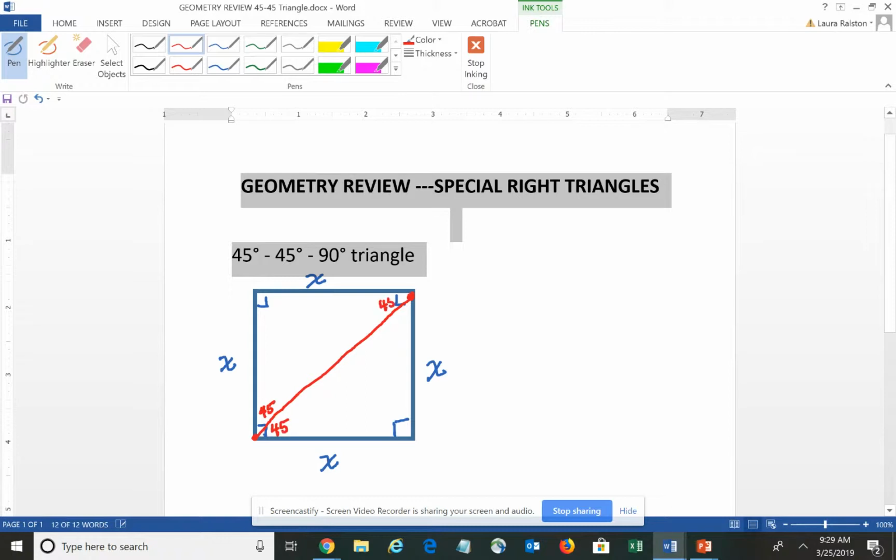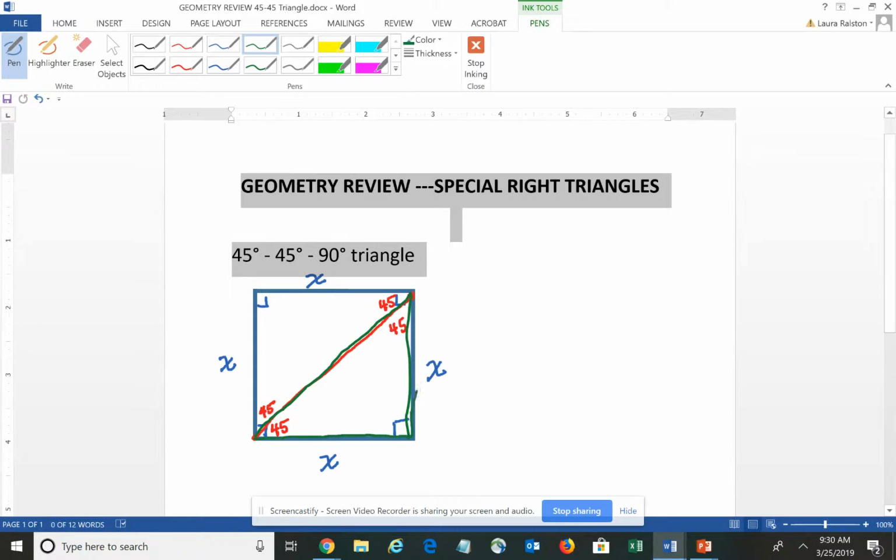So that you ultimately have a 45, 45, 90 triangle. I'm going to outline it here with the green. You actually have two of them, but we're going to use this lower one.